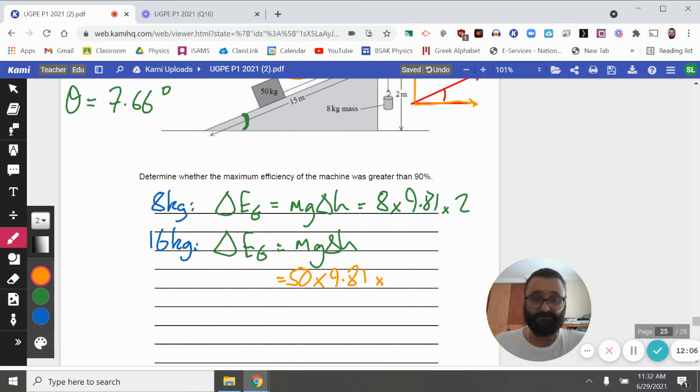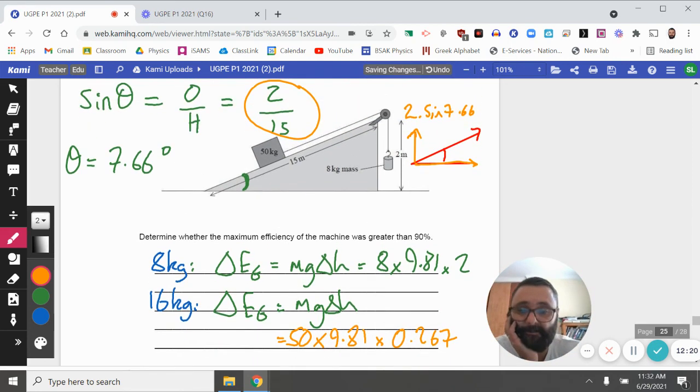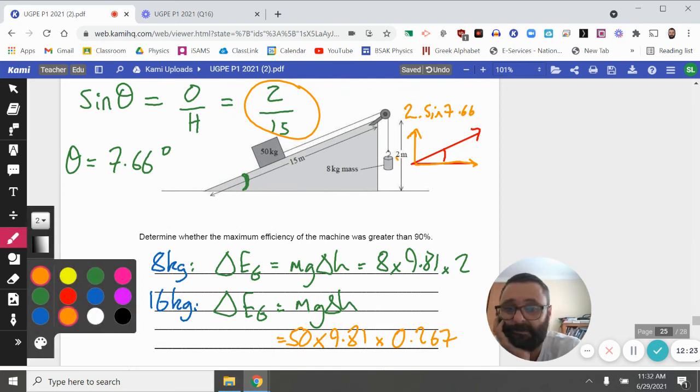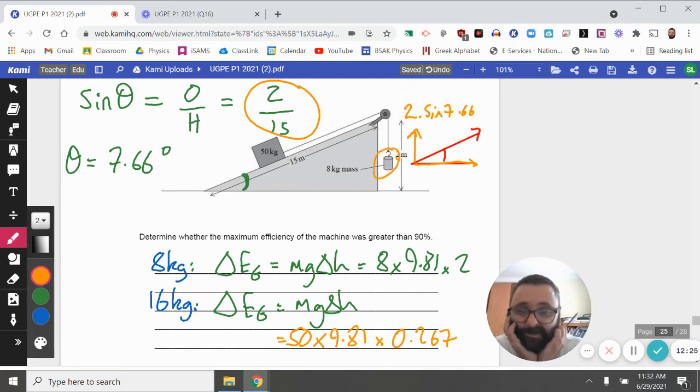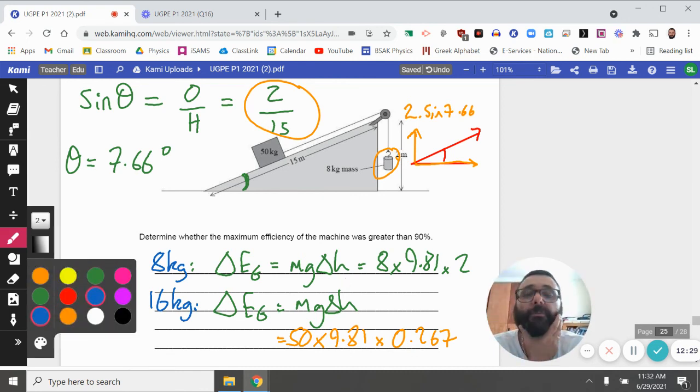I'm going to check that. 2 divided by 15 times 2 equals 0.267, yes. So when the 8 kilogram mass moves down through 2 meters, the 50 kilogram mass will move upwards through a height of 0.267 meters.